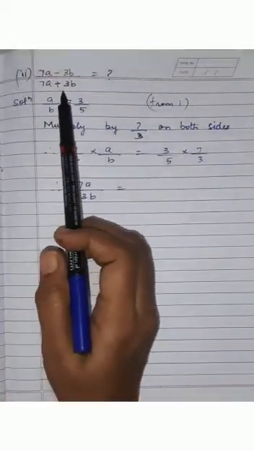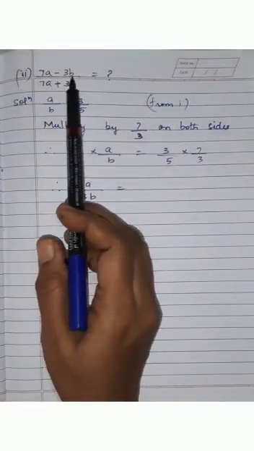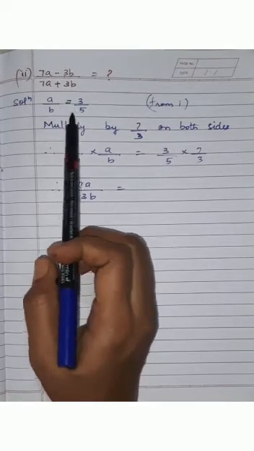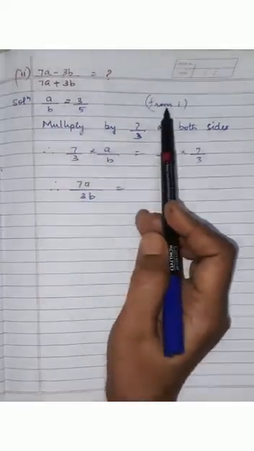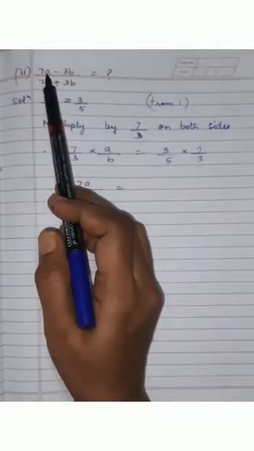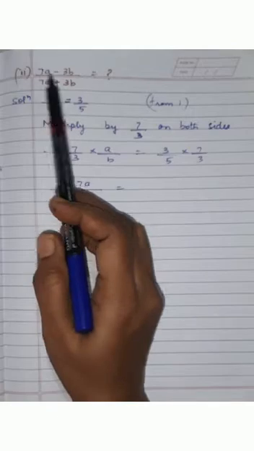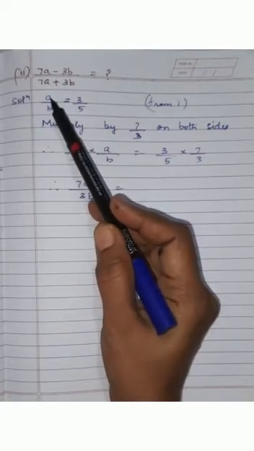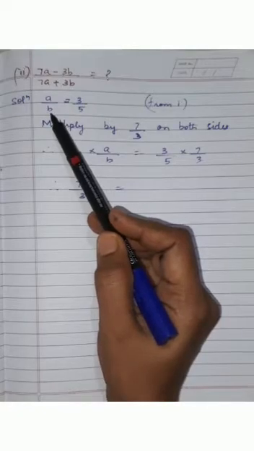Now students, we have to find the value of (7a − 3b)/(7a + 3b). We will start the solution as a/b = 3/5. This value we got from the first sub-question. Now children, you see in the question the coefficient of a is 7 and the coefficient of b is 3. That means we have to multiply this a/b by 7/3.